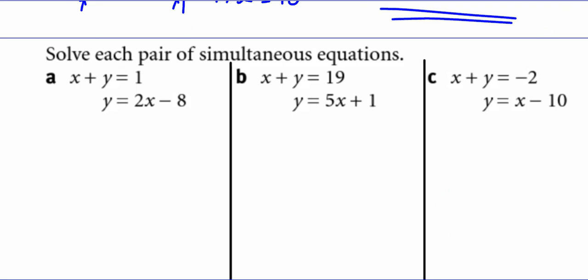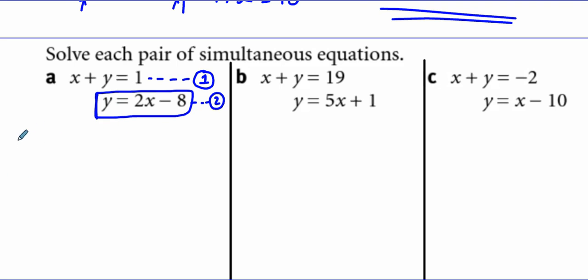Let us try to label these equations. This is equation number 1, and this is equation number 2. Step number 1 is to check which equation has got the letter as the subject. In that case, we have equation number 2. This is the equation which has got one letter which is already the subject.